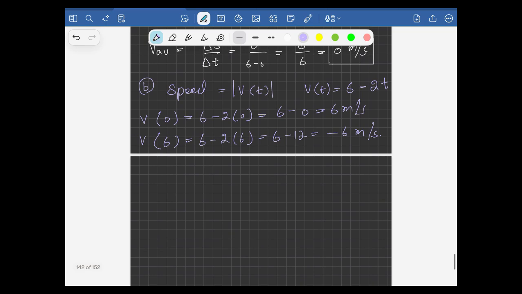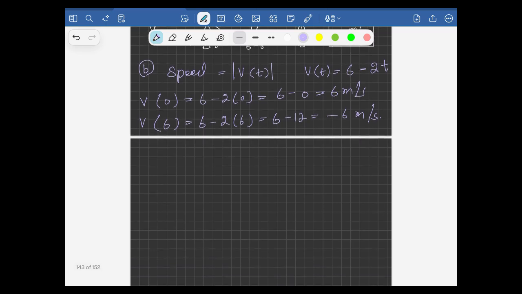Okay, acceleration. Acceleration is the second derivative of the function, so we find the derivative of the velocity here. So acceleration equals dv over dt. Velocity is the function we just found, 6 minus 2t, which ultimately becomes, the constant becomes 0, and minus 2t becomes minus 2.